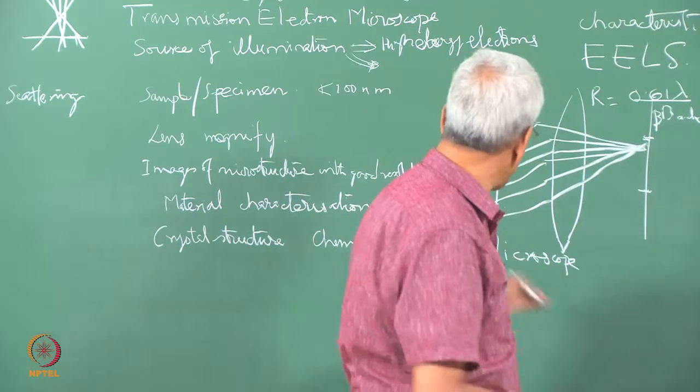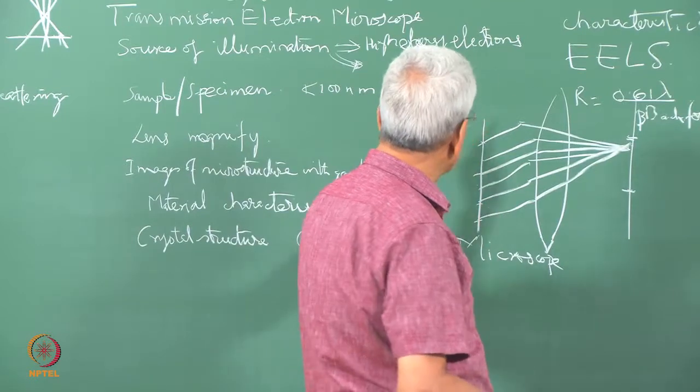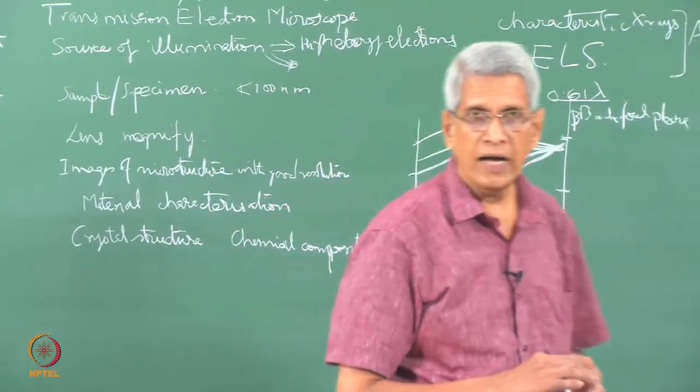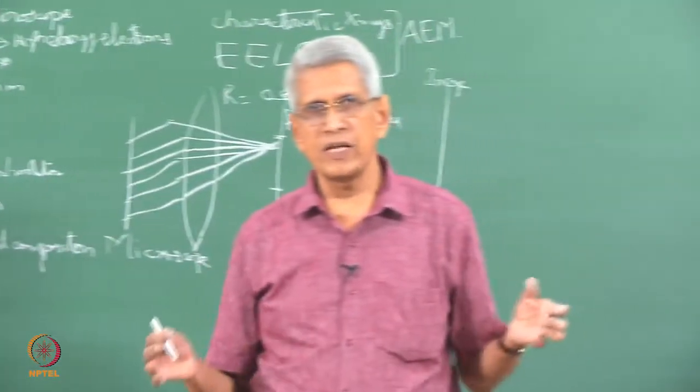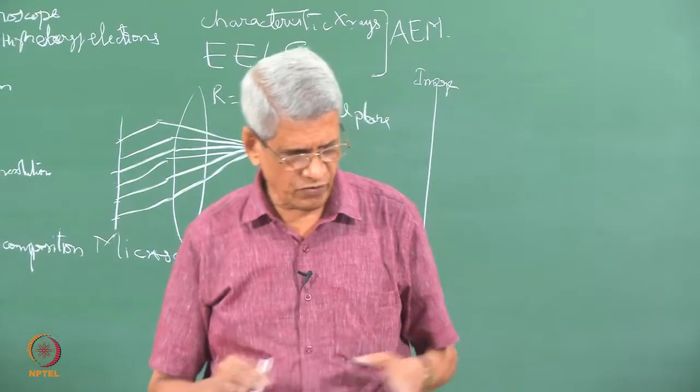Not only that, using inelastic scattering we can get the distribution of the elements on the samples. So essentially there are different types of microstructural information which we can get.